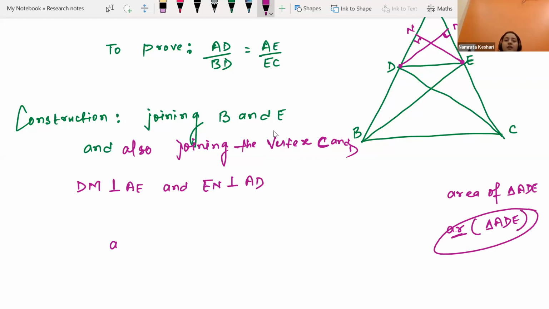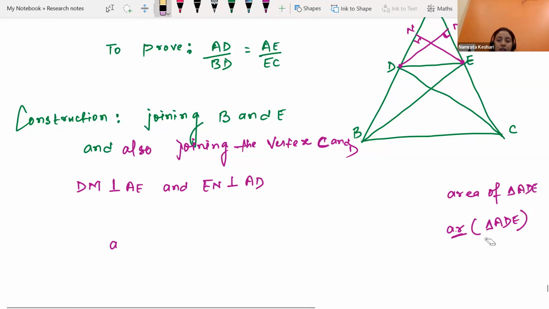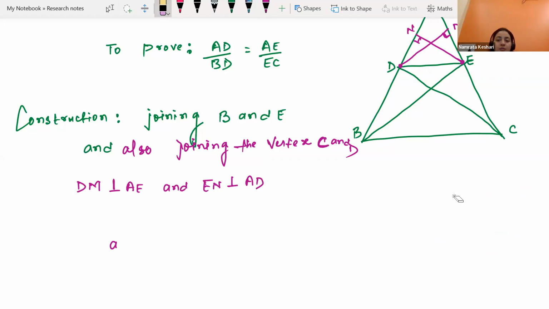This way also we write in mathematics. ar represents area, and inside the bracket if a triangle is there, it represents the area of the triangle. Similarly, ar you can use for the area of any other shapes also. So let's use it.